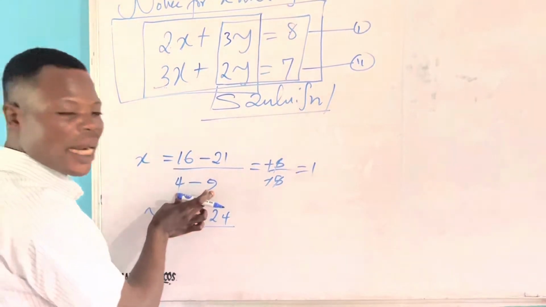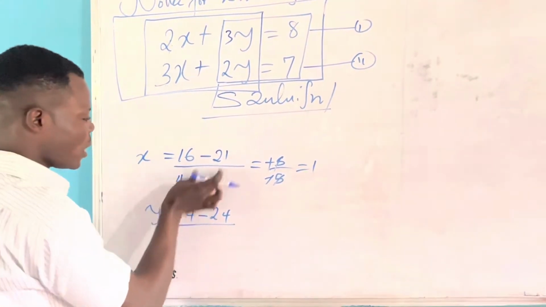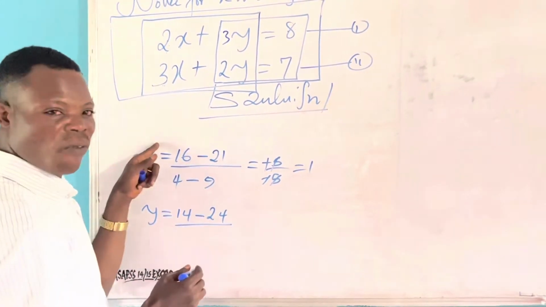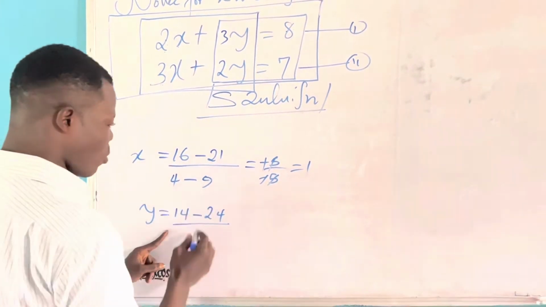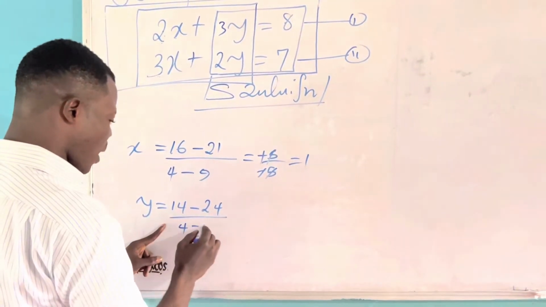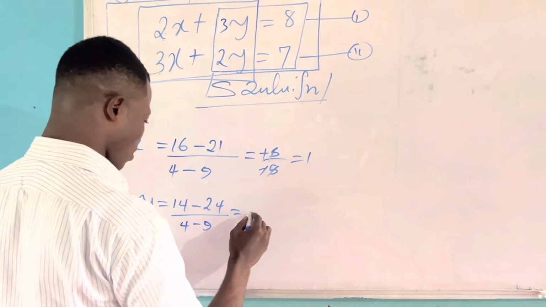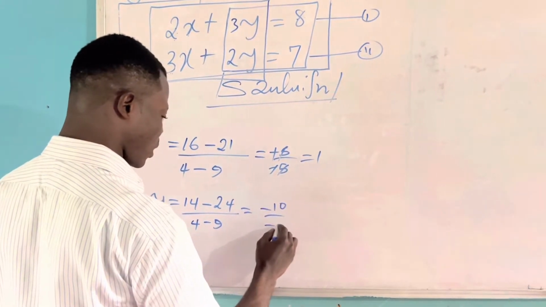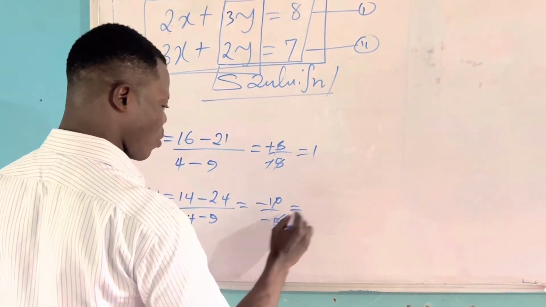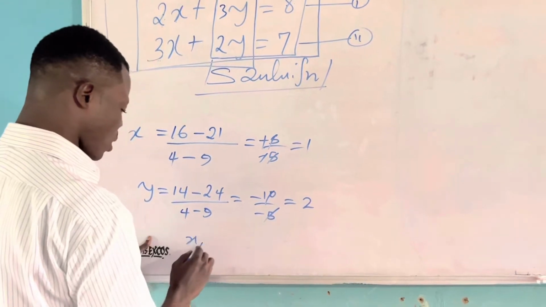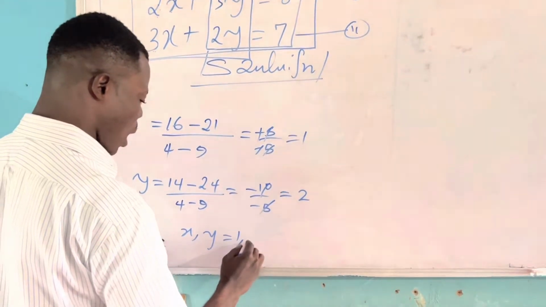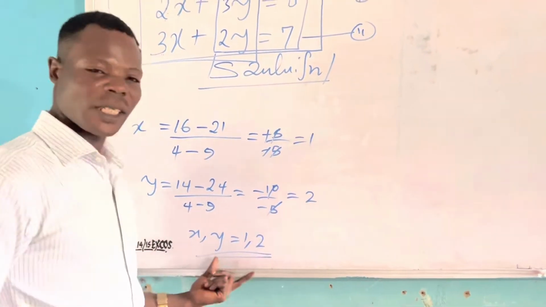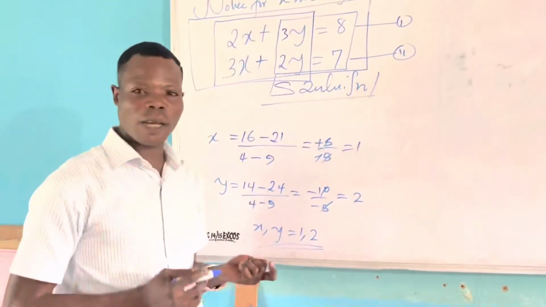That would be the general value to divide the value of x and the value of y. So I will also have 4 minus 9, and this will give us minus 10 over minus 5, and the answer will be what? Will be 2. So x and y will now be 1 and 2. So this is the solution for this system of equations.